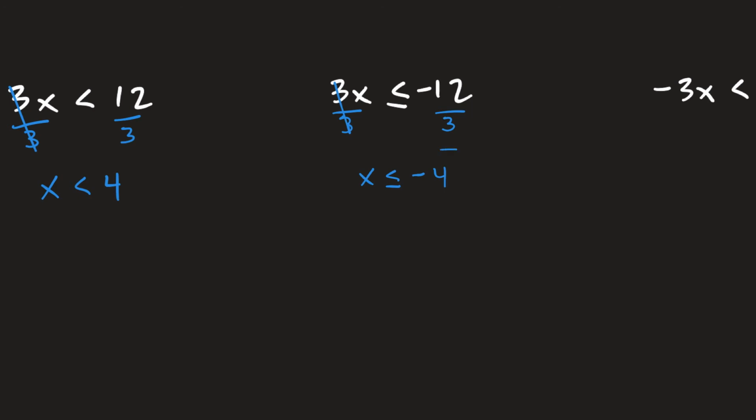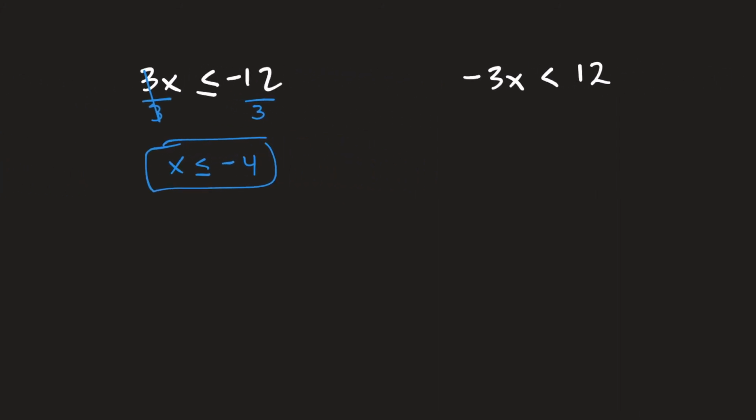So this entire thing needs to be written down, because while negative 4 is an answer for this, it's not the only answer. There are many other answers. That's why x has to be small. Anything that's smaller than or equal to negative 4 will work in here, not just negative 4. So you have to account for that. Okay.